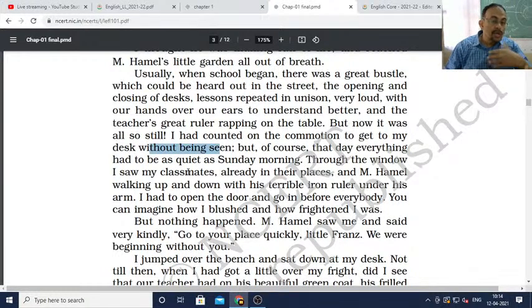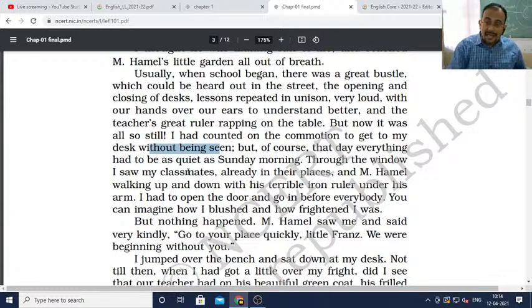All the boys together were repeating the lessons, very loudly. Then our hands over our ears to understand better, because there was a lot of noise. And the teacher's great ruler. Ruler means the stick of the teacher. Teacher's stick. That was also rapping on the table.